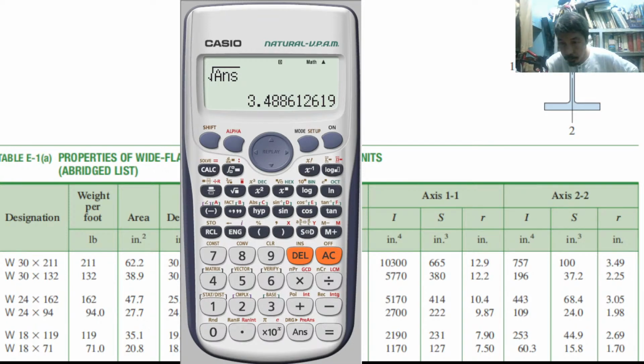What are the important things that we need to know? The area, the radius of gyration x and radius of gyration y, Rx and Ry. So those are important: area, Rx, Ry.